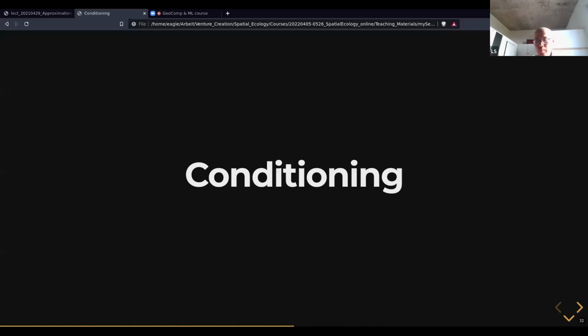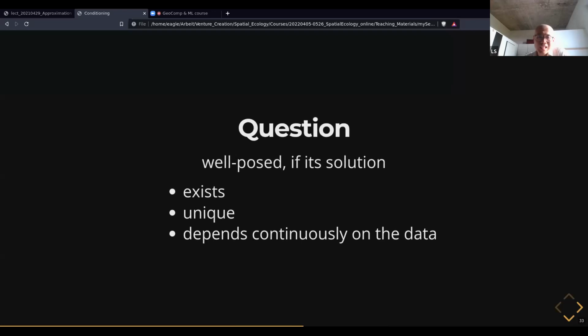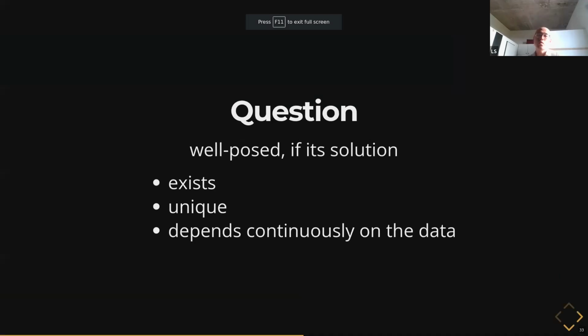Just give me a little time to lay out this conditioning topic step by step. Okay, so the first one is about the question. What kind of question can we ask? Normally, we hope we will ask a well-posed question. So what is a well-posed question? Well, a well-posed question is a question whose solution exists, is unique, and depends continuously on input data.